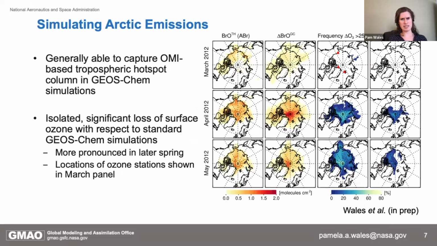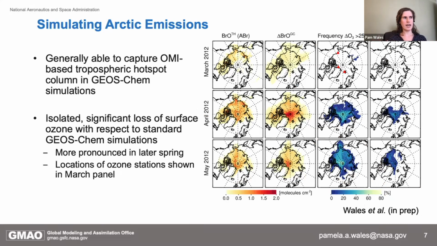These are some monthly mean statistics where I'm looking at the column of BrO from the tropospheric hotspot, and then the increase in GEOS-Chem upon implementing the flux. This is for 2012, and we do have a slight high bias in late April and early May. But overall, we are generally capturing the tropospheric hotspots for this time.